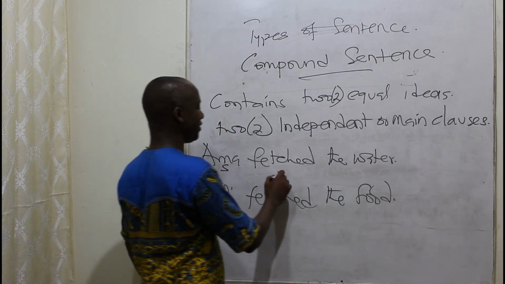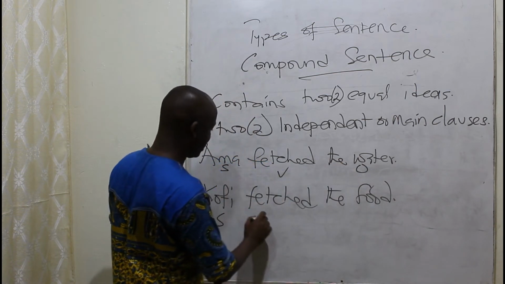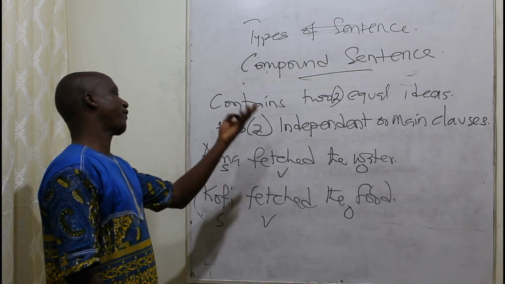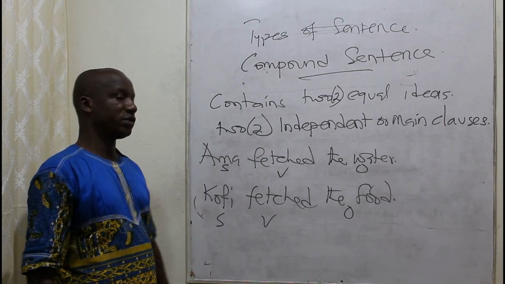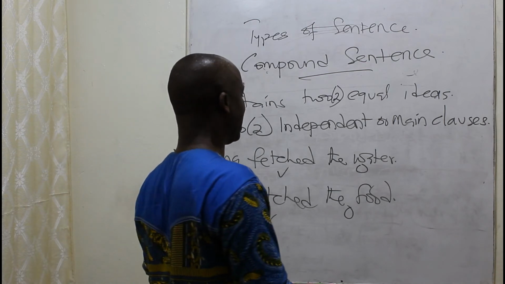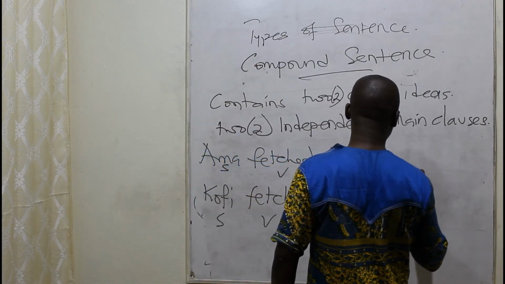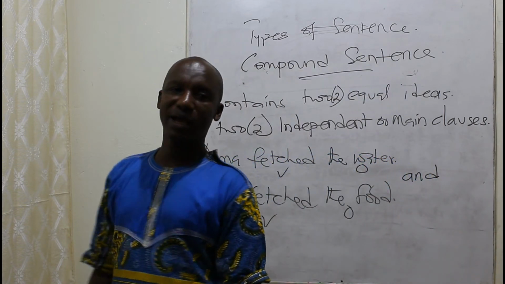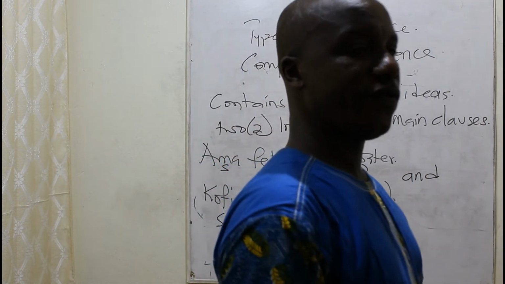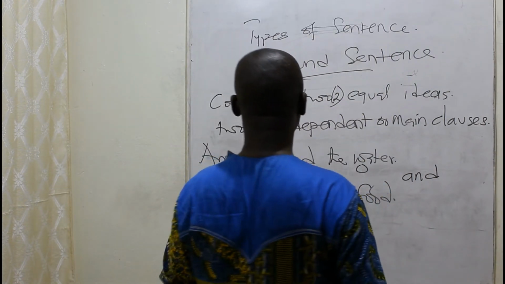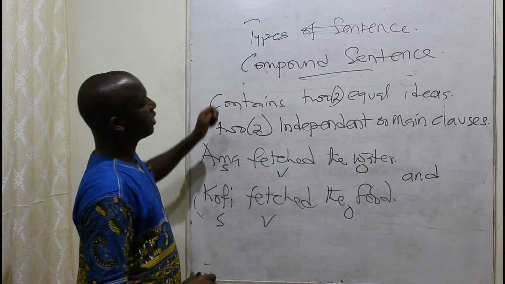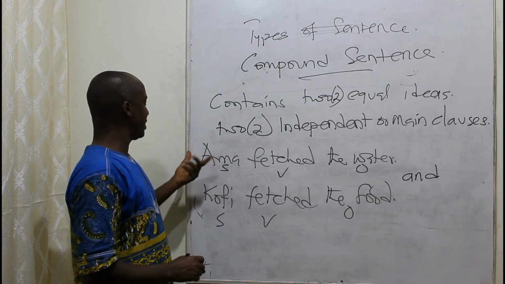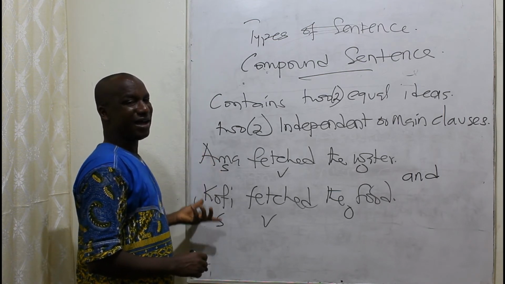And you see subject, verb, object. So there are two equal ideas. And we want to put the two together, and we'll use a coordinating conjunction by using and. Amma fetched the water and Kofi fetched the food, making the two independent clauses put together to get a compound sentence. It is compound because here the two ideas are the same.